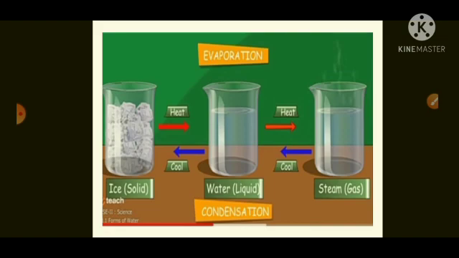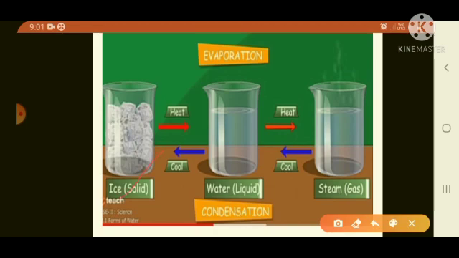When water is heated, you can see here children in picture. 3 beakers are there. Ice, solid, water, liquid, steam, gases. Ice when heated.